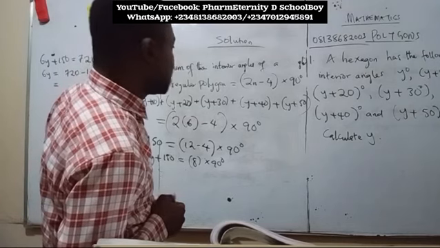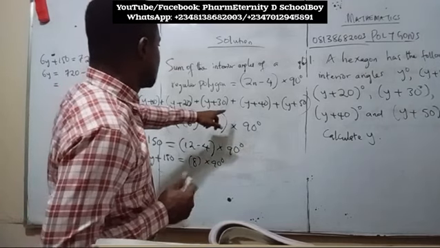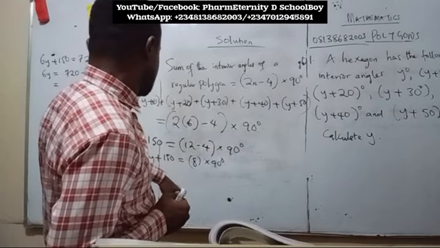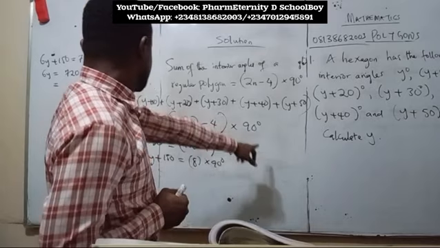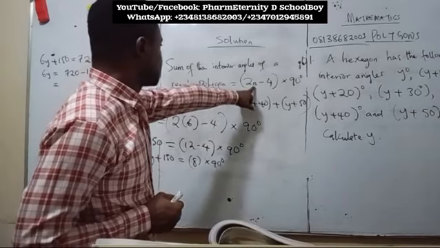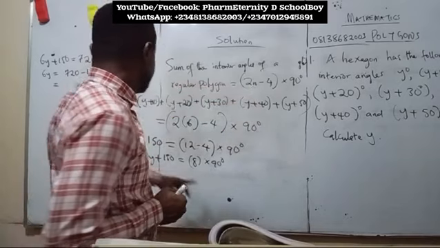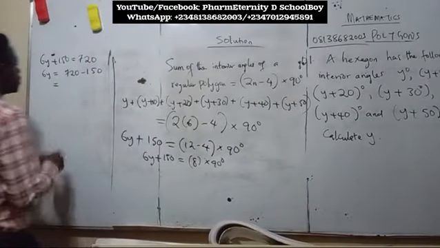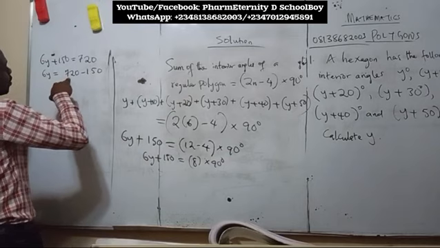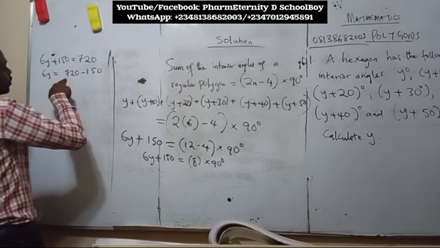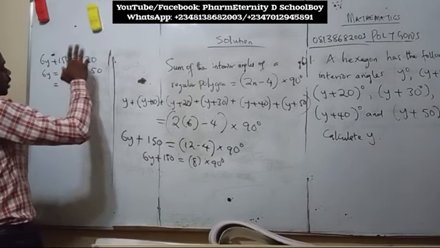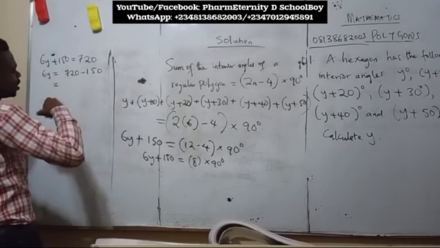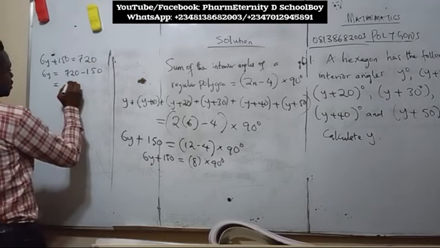Hope there is no error. Hexagon is 6, okay. Let's continue. 720 minus 100 is 620, minus 50 is 570. So here we have 570.